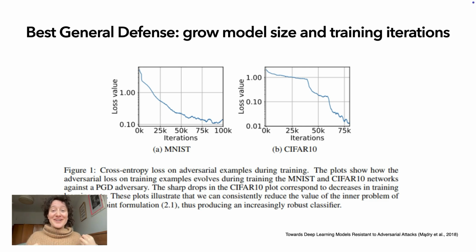But what actually ended up being the best general defense that came out at the time, so this was a 2018 paper that I'm showing right here called Towards Deep Learning Models Resistant to Adversarial Attacks, was as simple as growing the model size and training iterations. Now, when this first happened, I was like, what does this mean about what we're learning? These models are huge compared to other models.